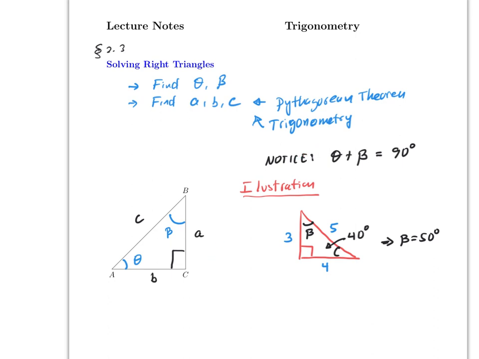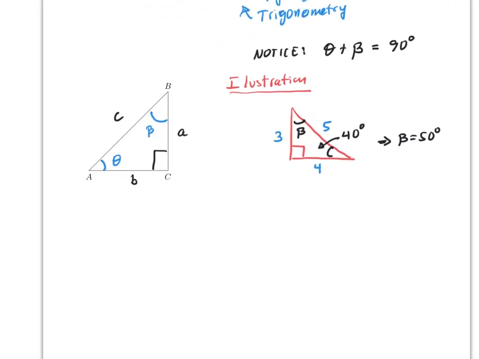Also, the other thing that is going to be used a lot is when you have the sides already. Let's do another illustration here, and then we'll do full problems in a little bit. Let's say that you have this problem, which we already know the answer to, but let's pretend that we don't know.